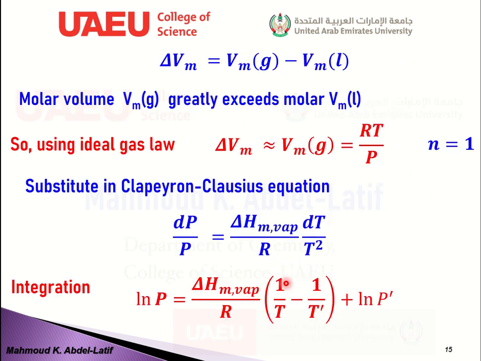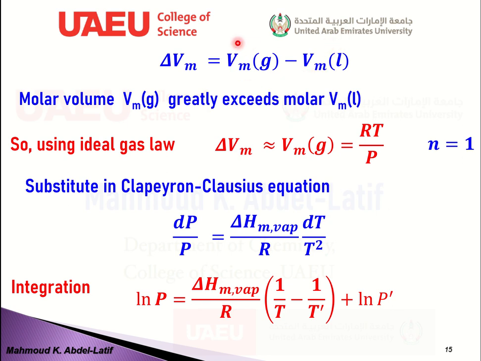How can we do that? Let's see. The change of the molar volume will be the molar volume in the gaseous state minus the molar volume of the liquid state. Actually, the first term is quite a lot higher than the second one. The molar volume Vm in the gaseous state greatly exceeds the molar volume in the liquid state, so you can neglect the liquid term.